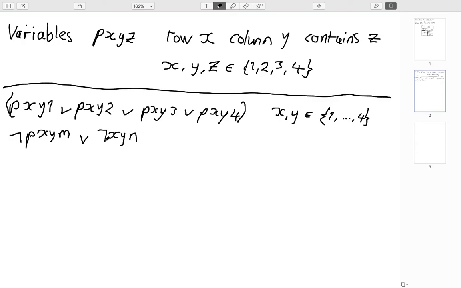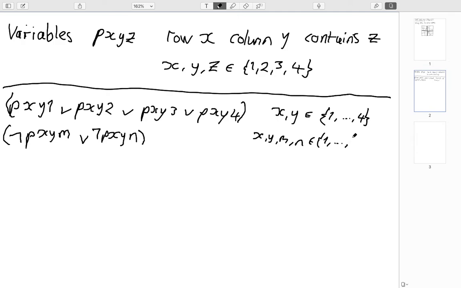Oh, sorry, there should be a p here. So not p x y m, or not p x y n. So we want one of these for all possibilities for x, y, m, and n from 1 to 4.